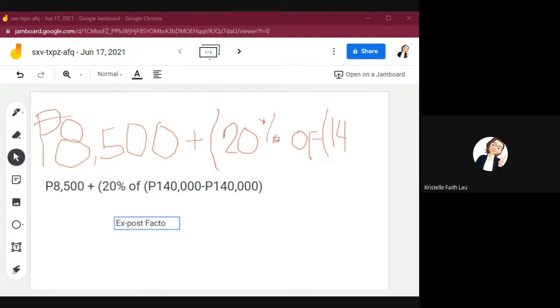Again, my question is, enumerate the classification na lang. Enumerate the classification of taxes as to purpose.